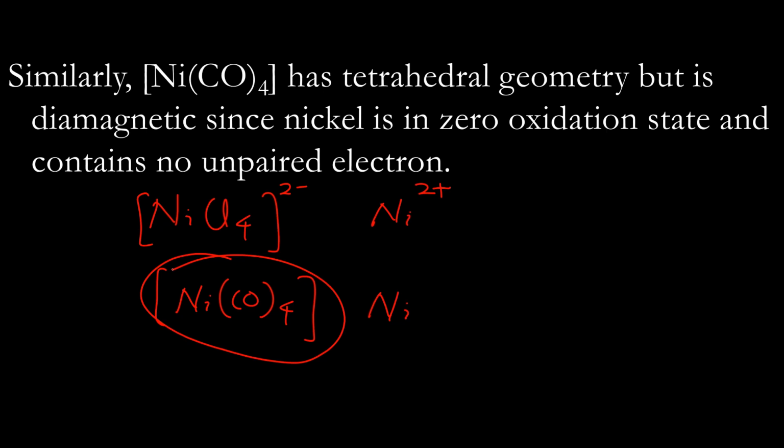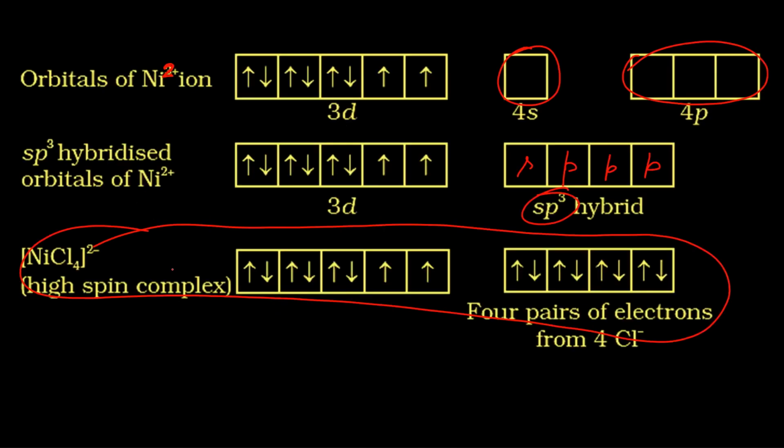So if you write the configuration of Ni here, you will have 2 electrons here as well. I am saying Ni(CO)4, so it means Ni0. So there is no point that pairing can take place further. They are already paired.